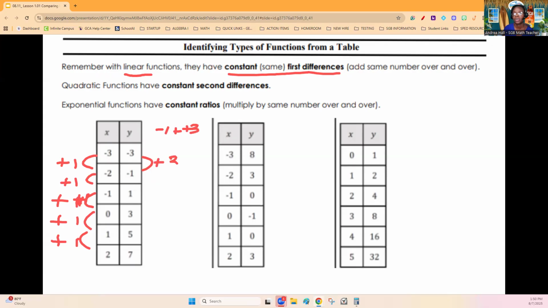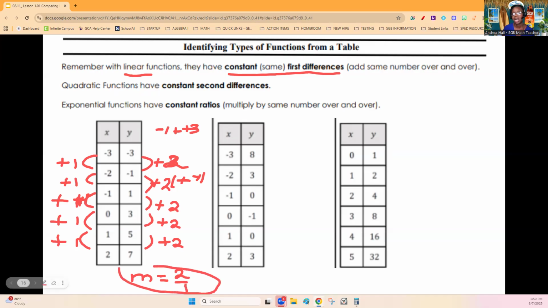So that's going up by 2. 1 minus -1, that's going up by, I said 2 and I wrote 3, plus 2. That's going up by plus 2, plus 2, plus 2. So our slope, which is the change in y over the change in x, is 2 over 1. And the slope is constant. It's the same, minus my chicken scratch.